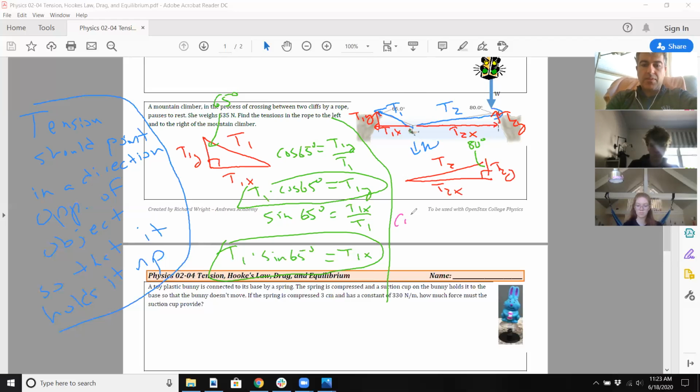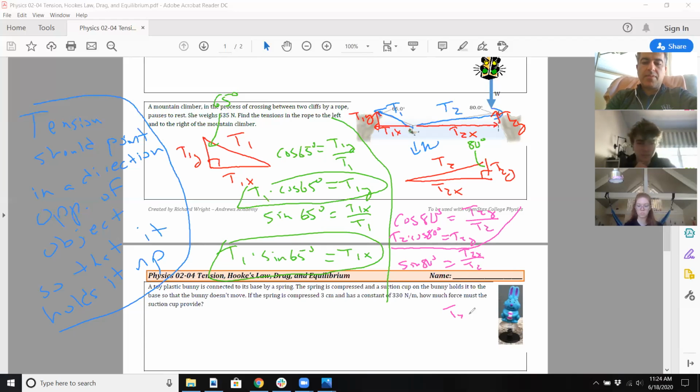Cosine of 80 degrees is T2y over T2. So T2y is T2 times cosine of 80 degrees. And of course, sine of 80 degrees is T2x over T2.